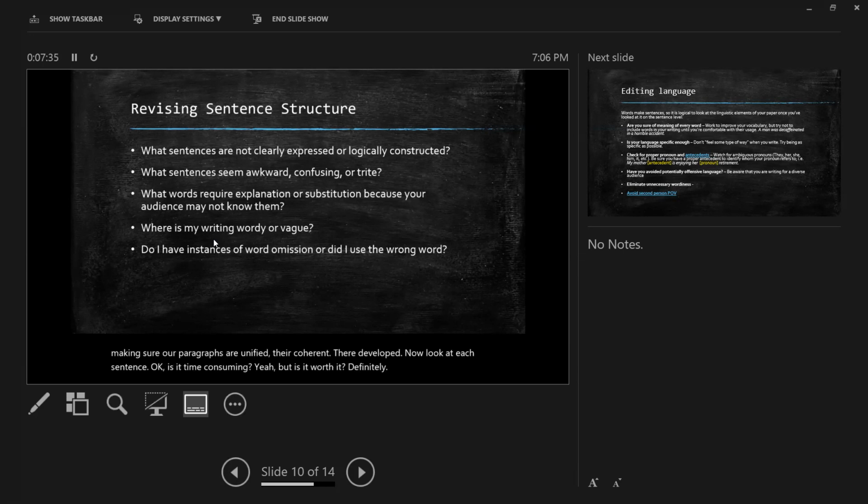This is where reading your paper out loud will pay dividends. What sentences are not clearly expressed or logically constructed? If you need assistance with this, upload your paper to NetTutor, or contact the ASC and schedule some time with a tutor.